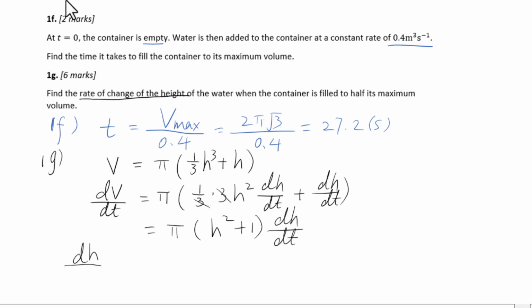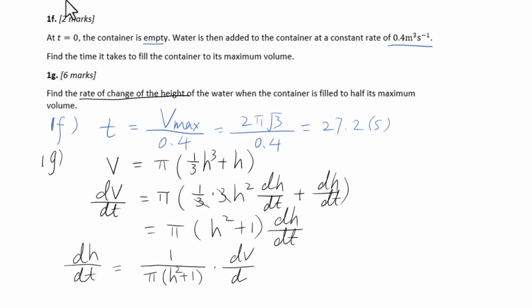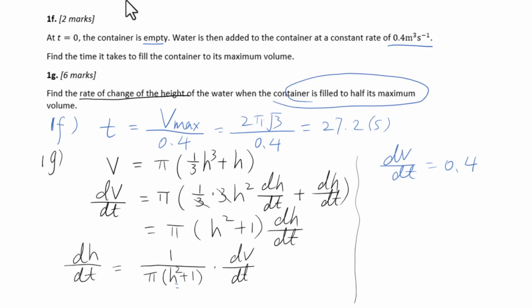So dh/dt equals 1 over pi times h squared plus 1, times dV/dt. We already know dV/dt equals 0.4. We need to figure out this h. When the container is filled to half its maximum, half its maximum will be 2 pi square root of 3 divided by 2, which equals pi square root of 3.